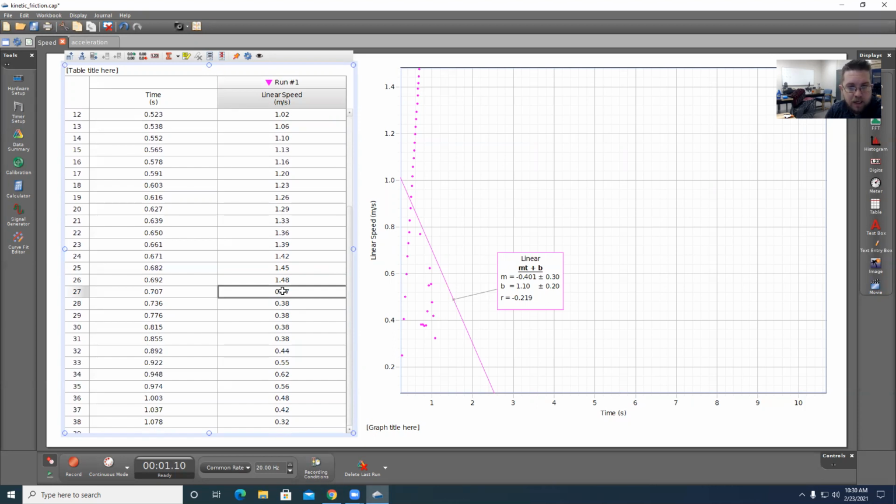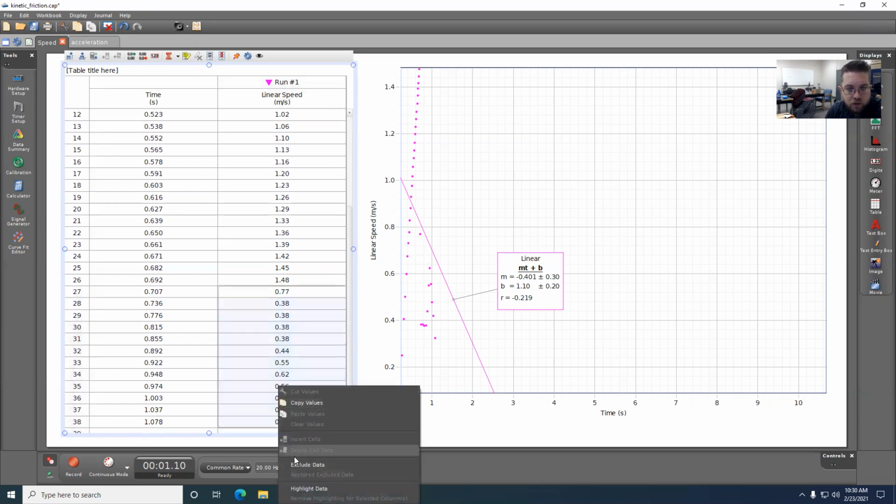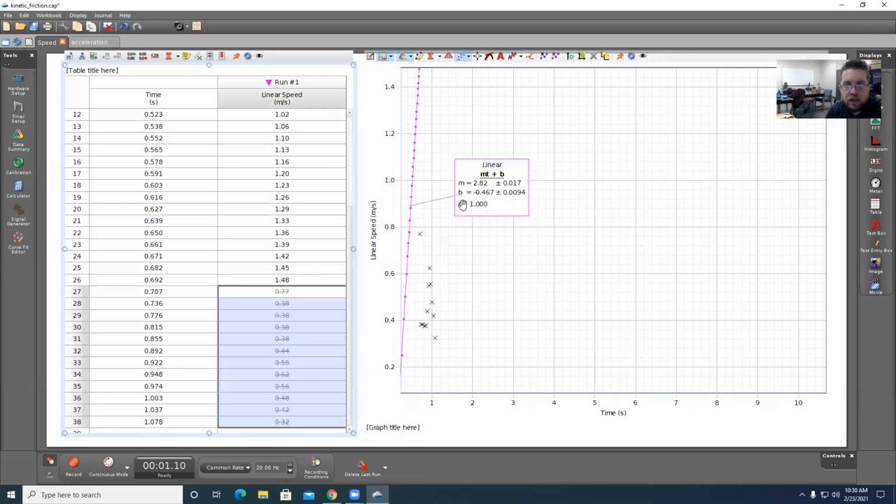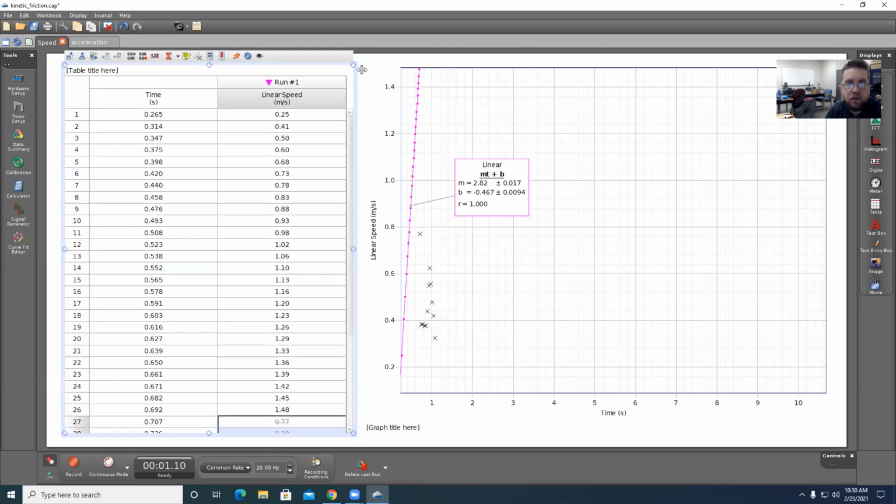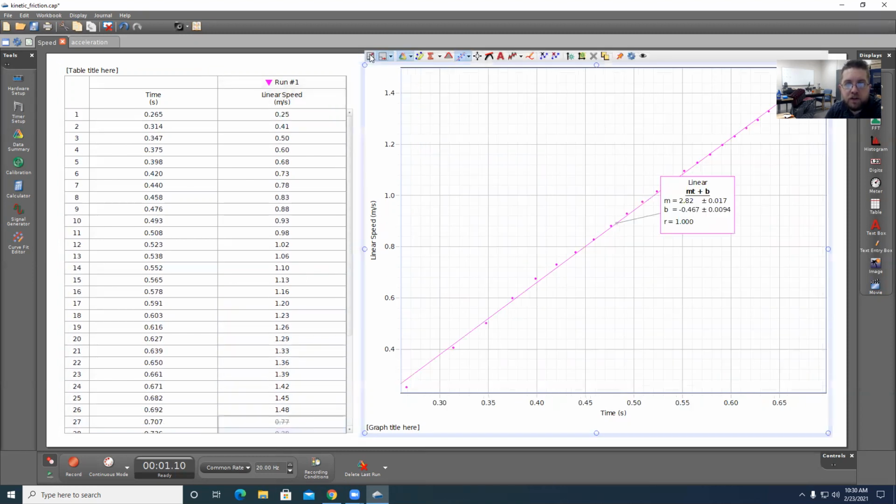So we can actually highlight all of this data, and we can choose to exclude the values, and we get an acceleration of 2.82 meters per second squared, which is exactly the kind of thing we're looking for. And let me fit this to the entire curve here.